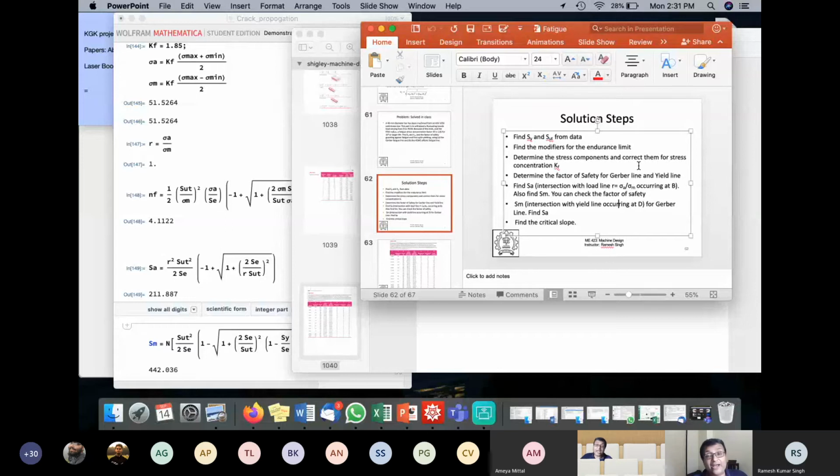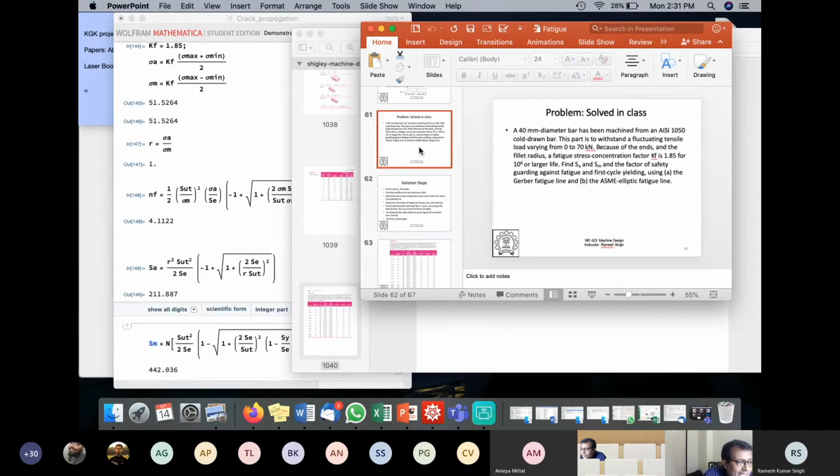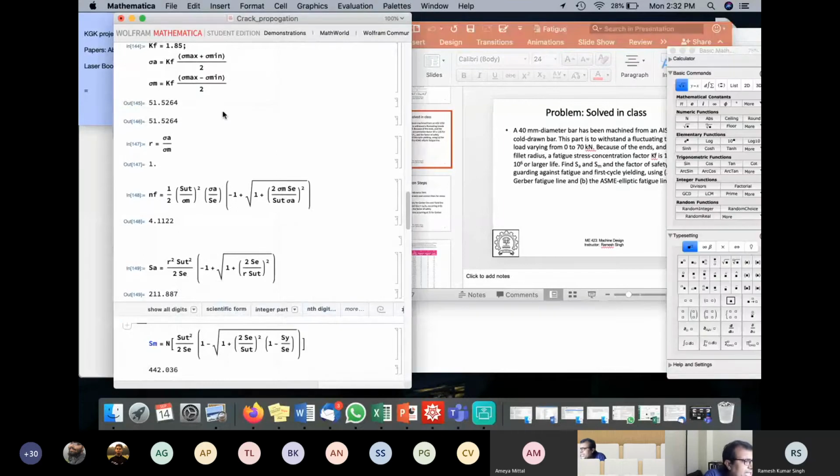The second thing is I have to find the fully corrected endurance limit, because I know that my actual endurance limit would be 0.5 times SUT if it's less than 700 MPa. So my 690 is 0.5 times SUT.